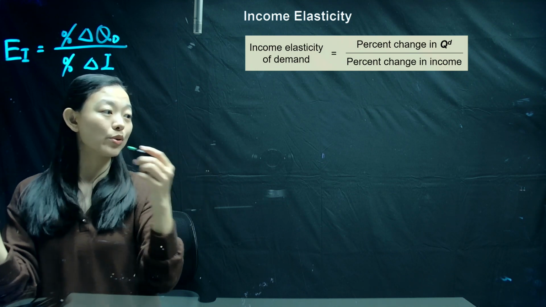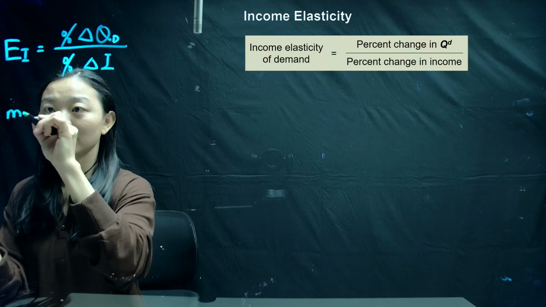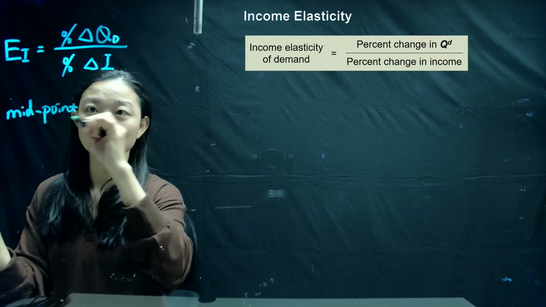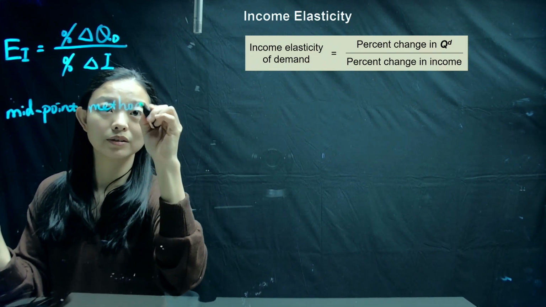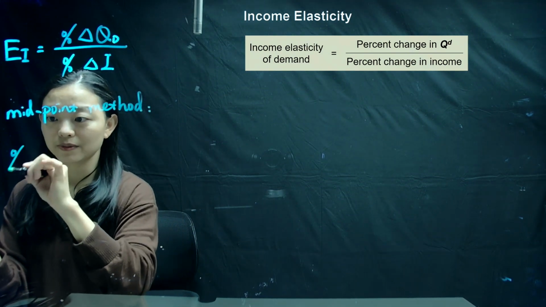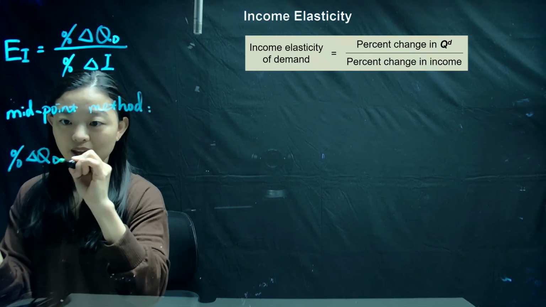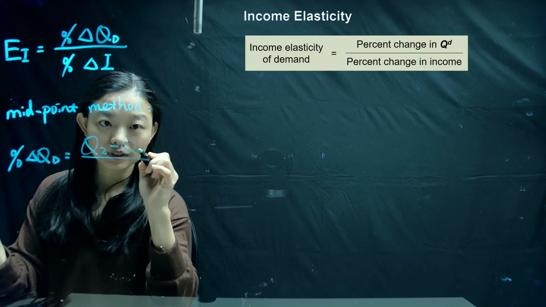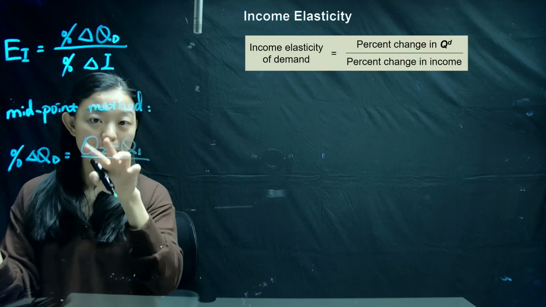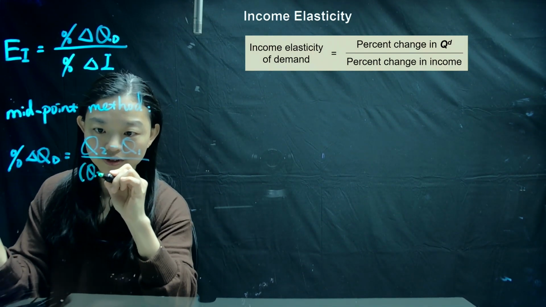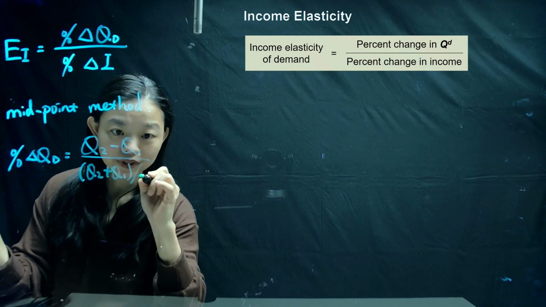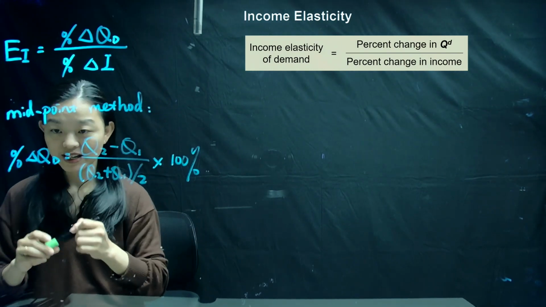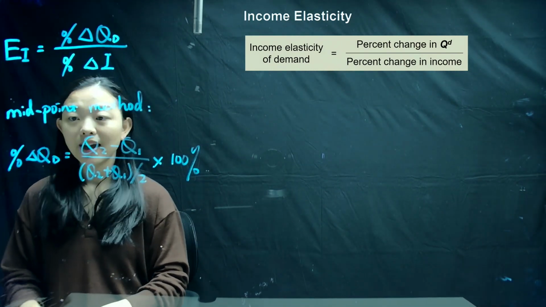Here I will also introduce the midpoint method, very similar to the price elasticity of demand. The percentage change in demand equals the difference in demand divided by the average of demand.